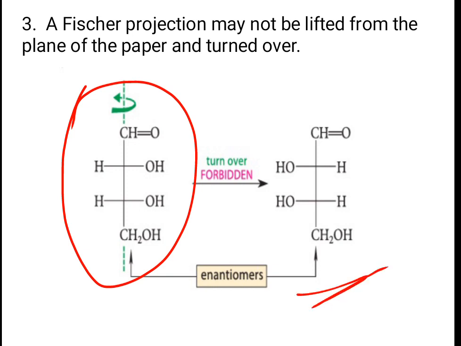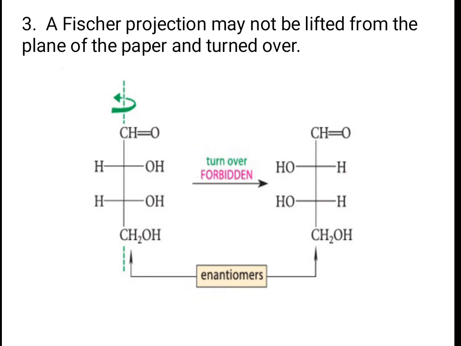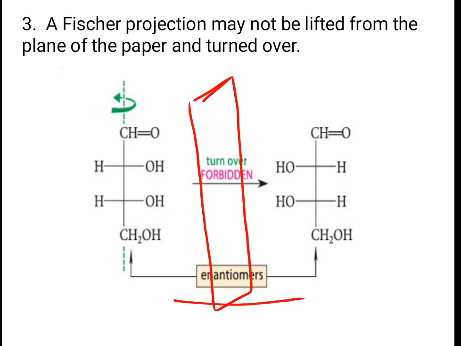And an enantiomer is actually a mirror image of the previous one. Although it's not looking like a mirror, just consider that this is a mirror. So you will get a mirror image in this case, and that will be an enantiomer.